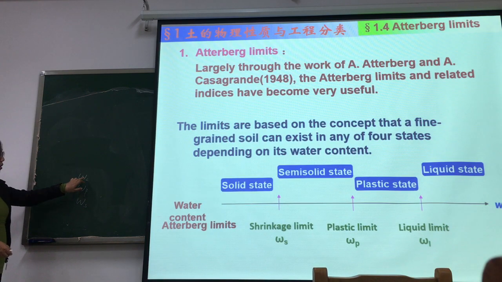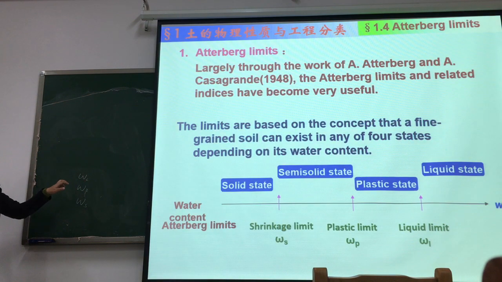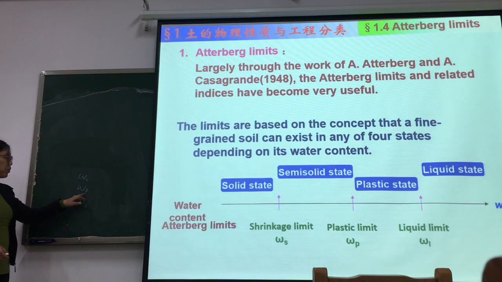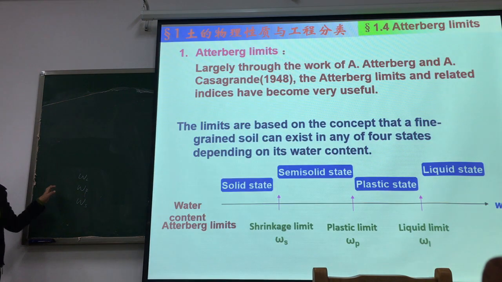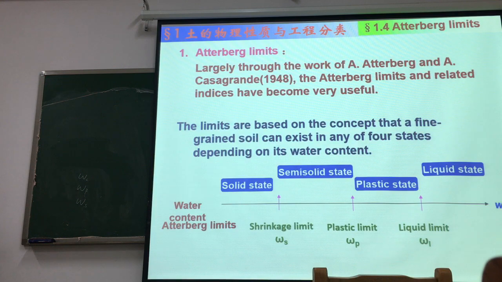Here, W subscript L means liquid limit. Here, W_P means plastic limit. W_S means shrinkage limit. Okay. What is the liquid limit or plastic limit or shrinkage limit? Yes, we can define it by water content.